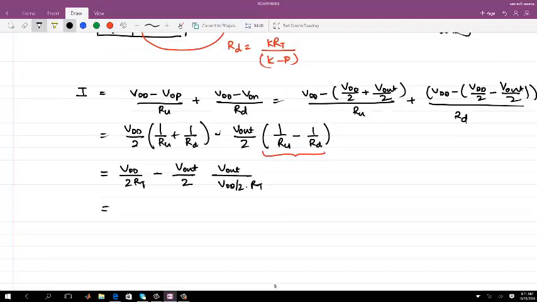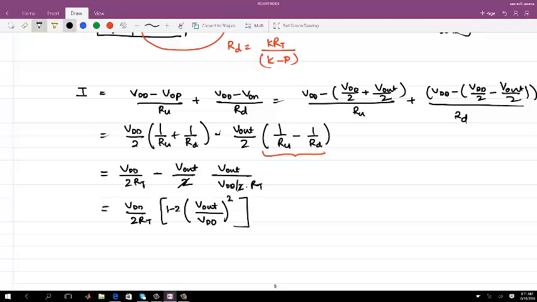So now your 2 cancels here, you have VDD by 2 RT times 1 minus V out by VDD whole square. Okay.